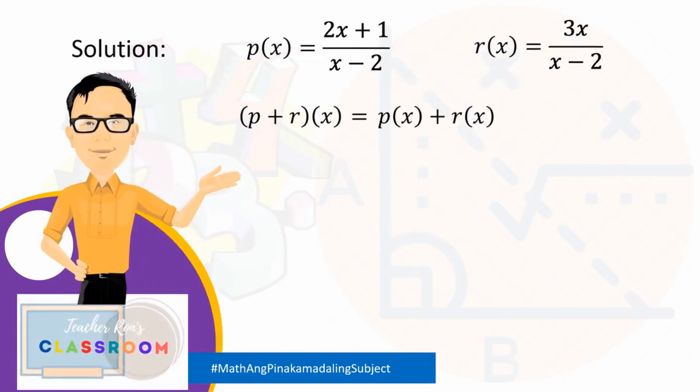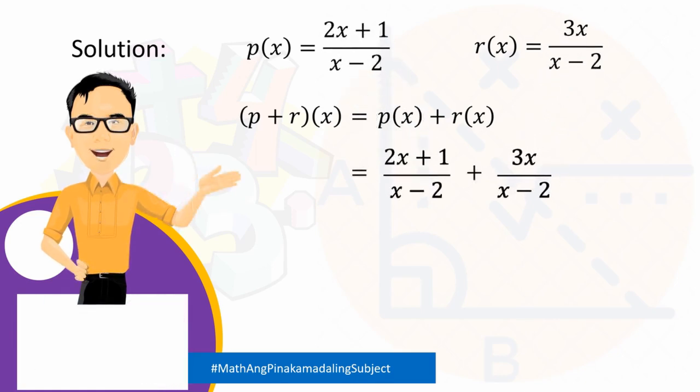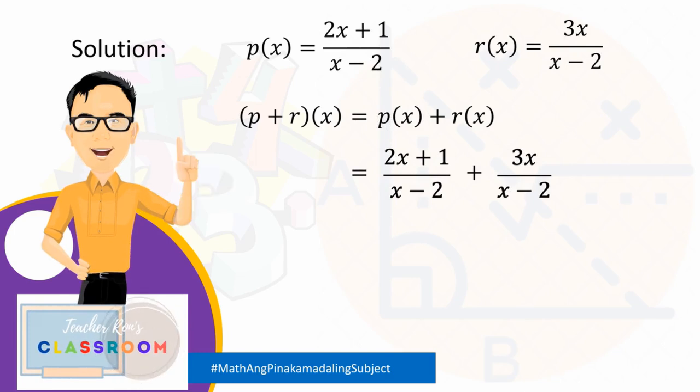Let us solve first for p plus r of x. P plus r of x equals p of x plus r of x. Replace p of x with 2x plus 1 over x minus 2 and r of x with 3x over x minus 2.